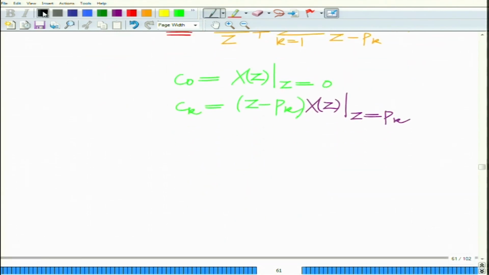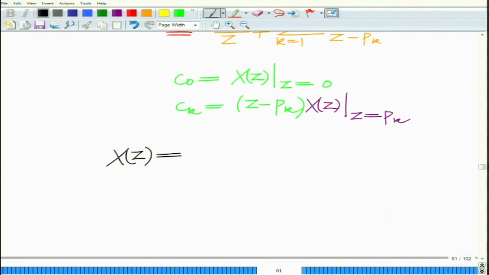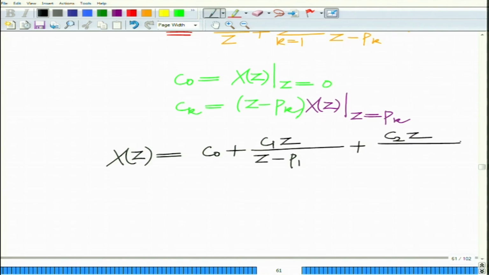Finally, substituting the values of C0, C1 up to Cn, where we have n simple poles, and taking the z in the denominator onto the other side, we have X(z) equals C0 plus C1 z divided by (z minus p1) plus C2 z divided by (z minus p2) plus Cn z divided by (z minus pn).